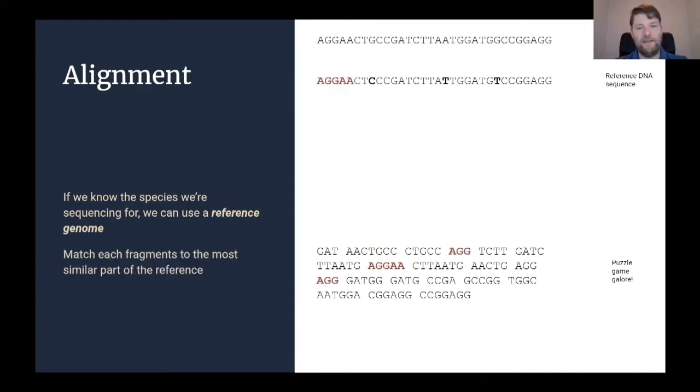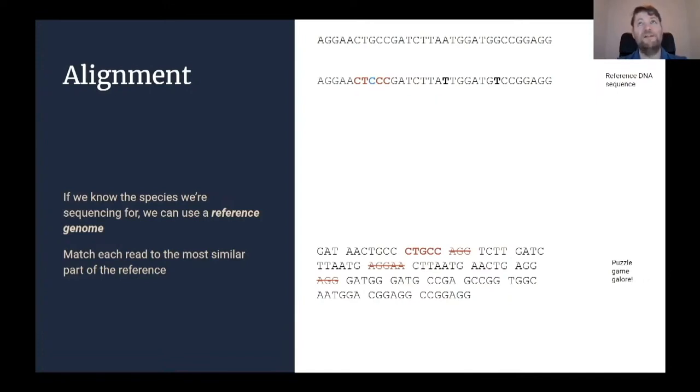So, for example, we could start at the beginning here and see, are there any fragments at the bottom here that match the beginning of the reference genome? And sure, there are. So we take those and remove them, and then we continue to the next one. And then here you will see that this individual has a difference in the third letter. The reference genome has a C and this person has a G. So we have to be a little bit lenient.